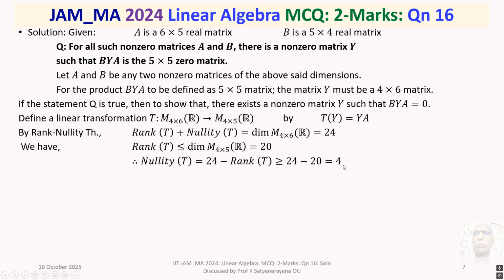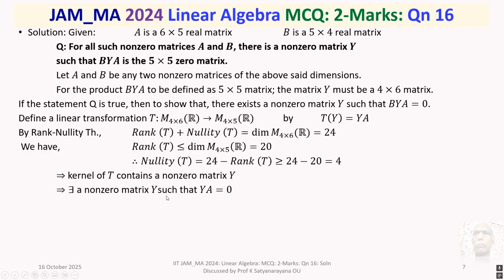Yes. That is, the null space is non-trivial. That means the kernel of T is non-trivial. It contains a non-zero matrix Y, because the nullity of T is 4. So there exists a non-zero matrix Y such that YA is equal to 0.